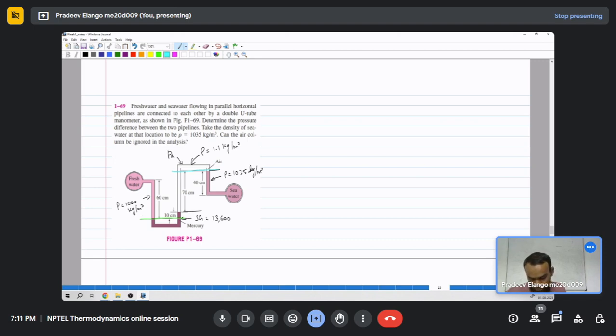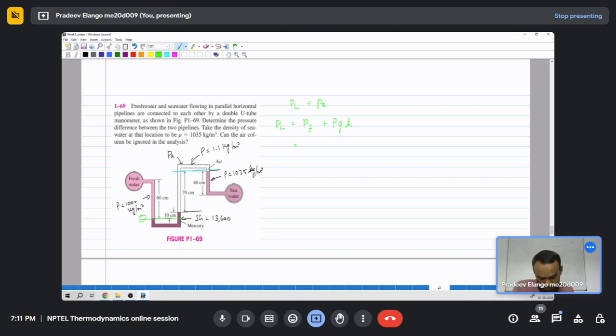So first solving the left side of the problem, the left hand limb, we have PL equal to PR, and PL is the pressure of the fresh water. I write this as PF plus rho GH. So the pressure of the fresh water is what we have to find.